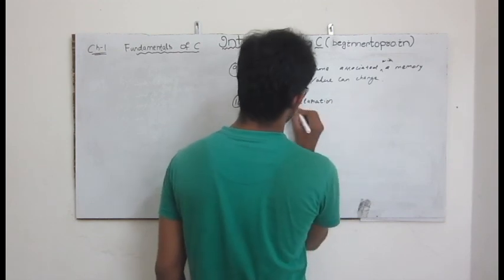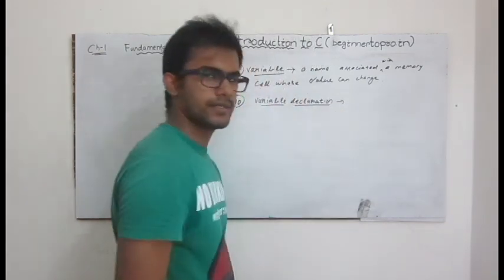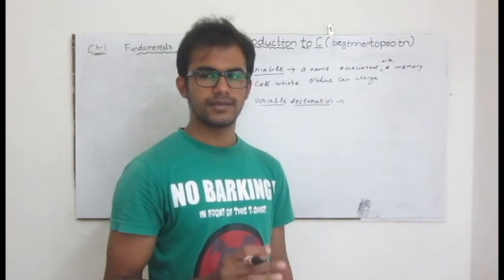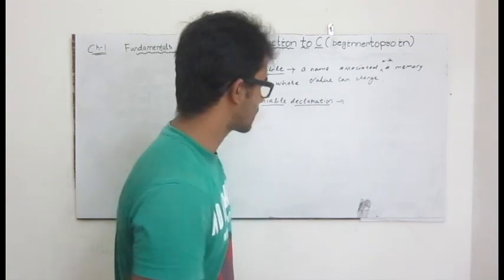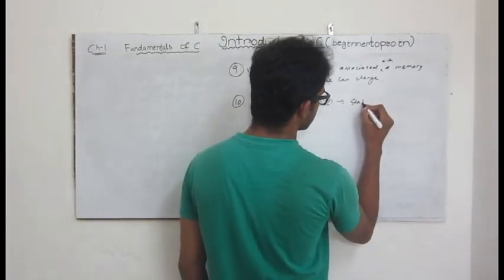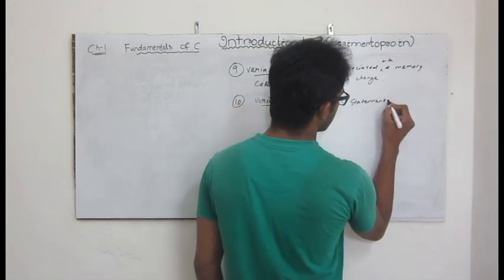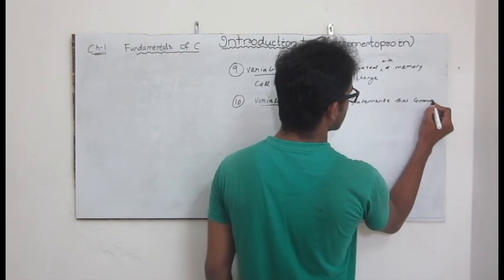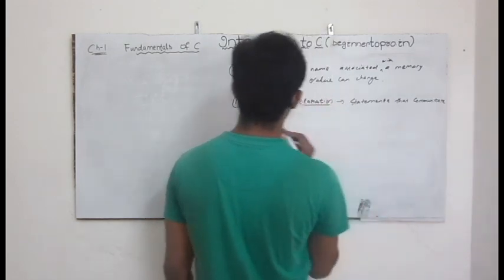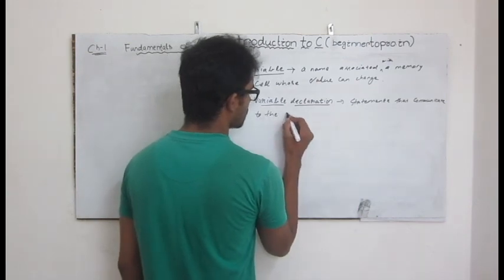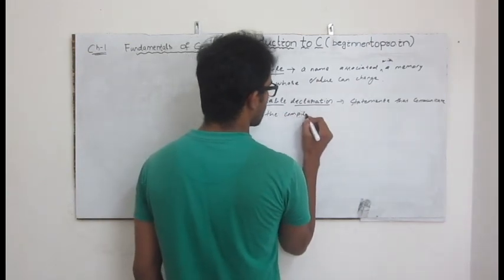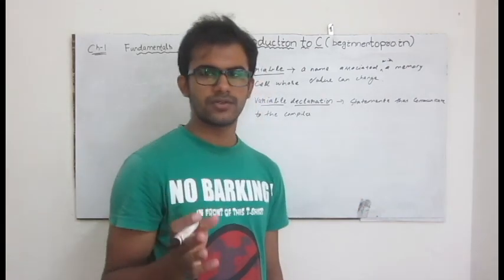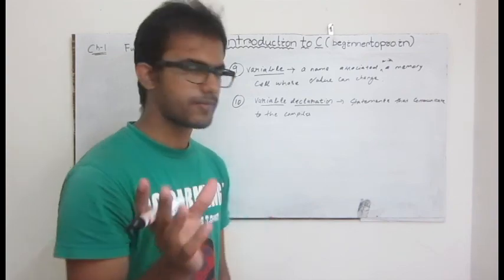I'll explain it again. A variable declaration is statements that communicate to the compiler the names of variables in the program.